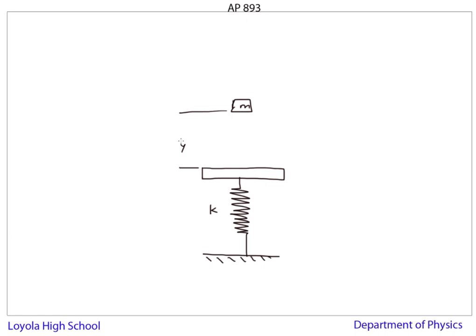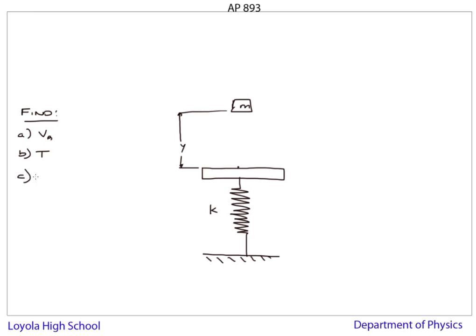In this problem, we want to calculate a couple different things. I'll list them here. We want to find, number one, A, the velocity of the block right before it hits the platform. B, the period of this simple harmonic motion. So after it hits, it's going to oscillate back and forth on the platform.